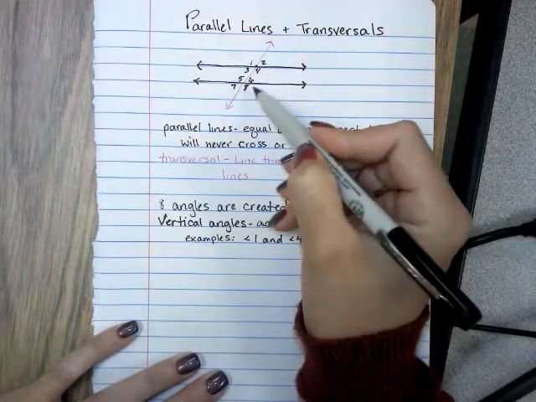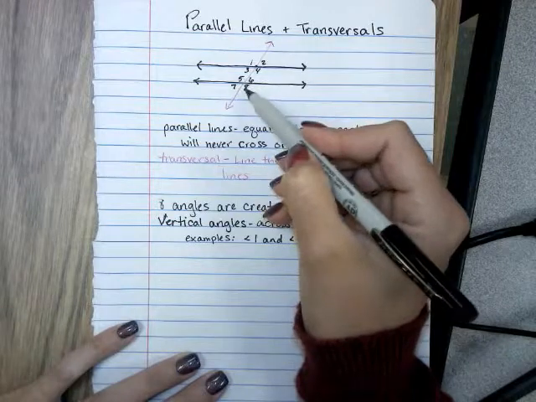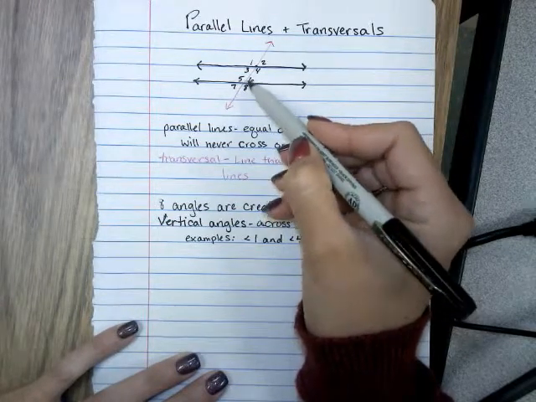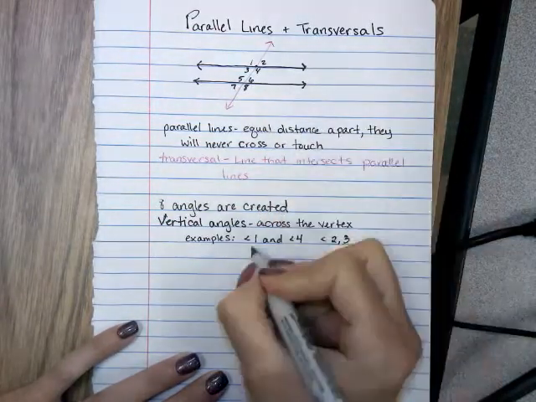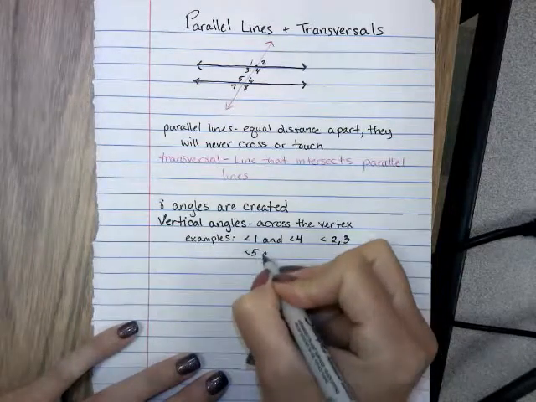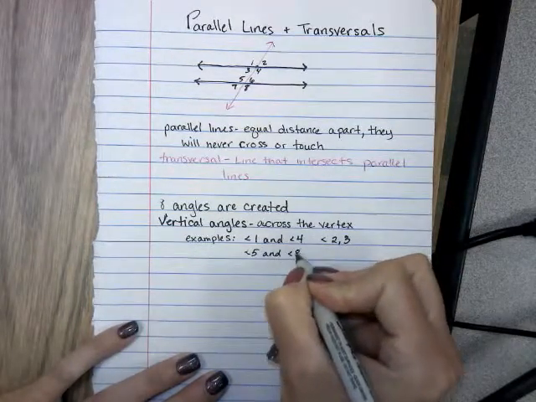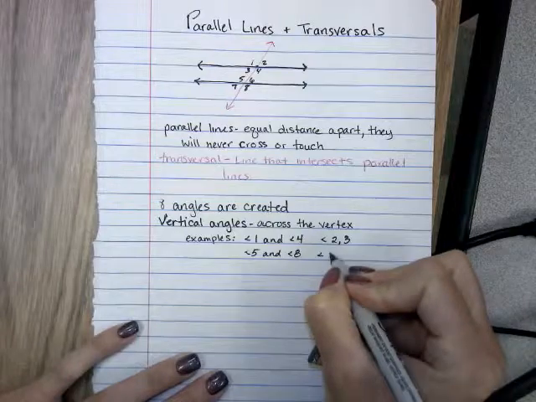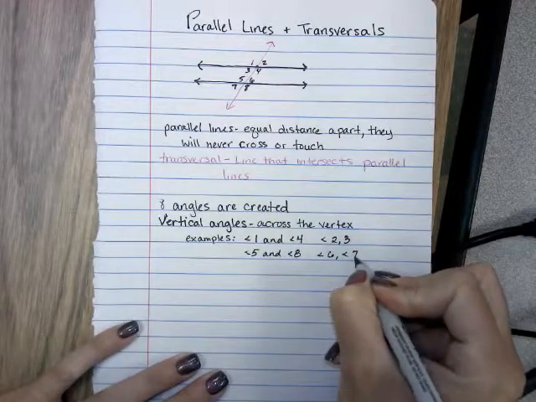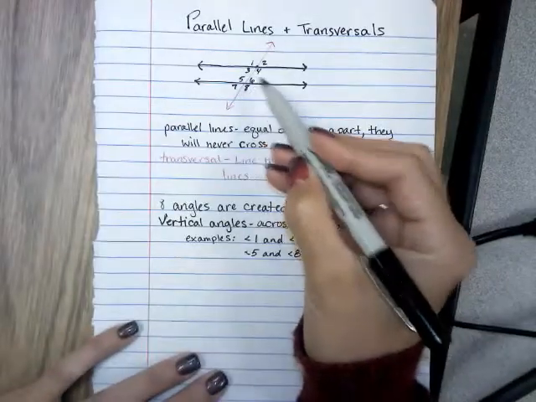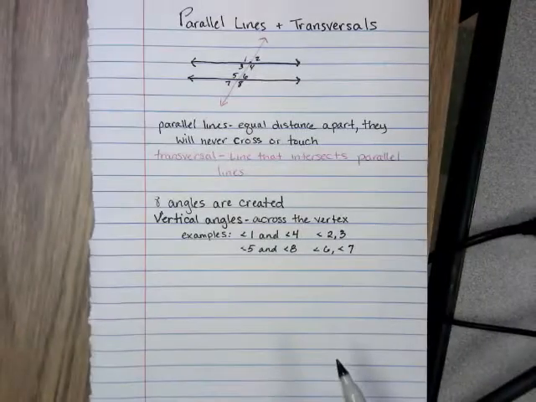If I look at the bottom set of angles, 5 and 8 are vertical, 6 and 7 are vertical. They're across that vertex. Those are vertical angles.